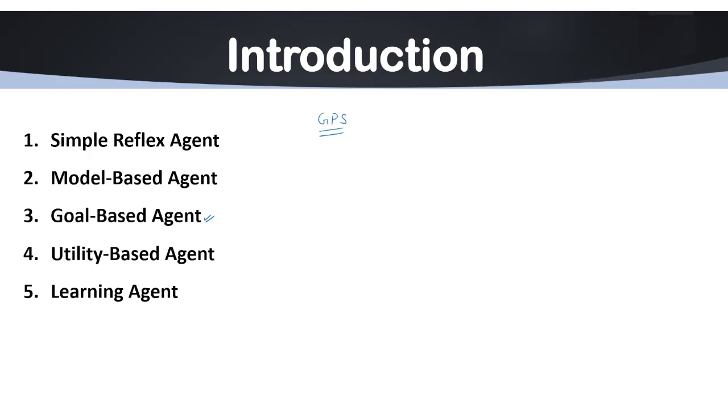Your GPS navigation focuses on its goal, right? It helps you to reach your destination by choosing the best route. This is the goal based agent. Another example can be chess AI. Its goal is to win the game, and to win the game it selects the best move.